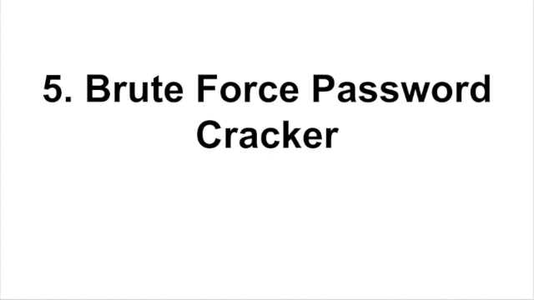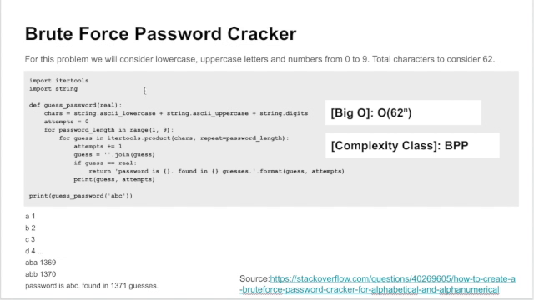So finally, the brute force password cracker. For the brute force password cracker, we will have all the characters of the alphabet, lowercase and uppercase, and numbers from 0 to 9. So the possible options for each character in our password is up to 62.